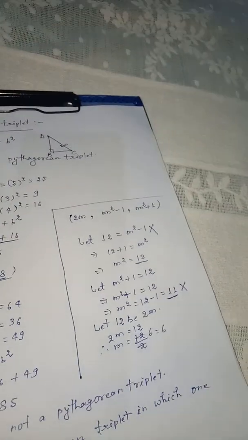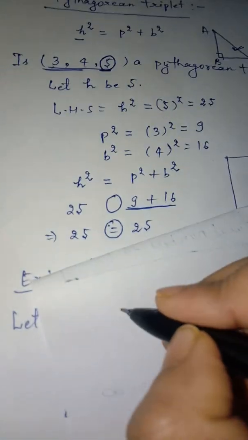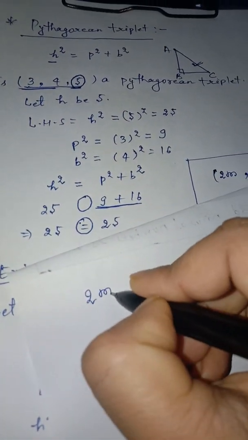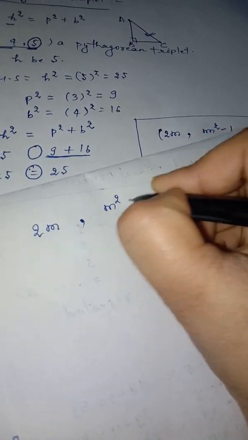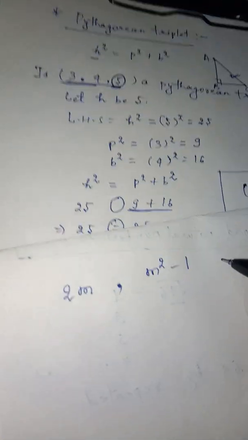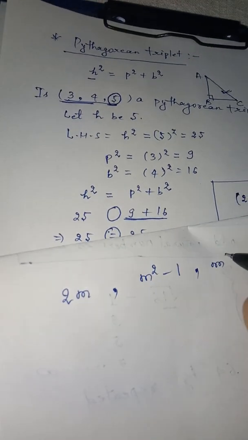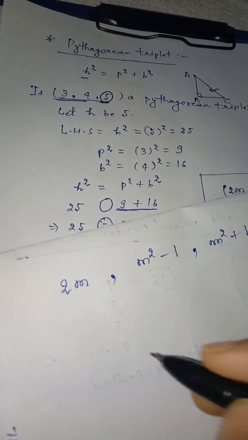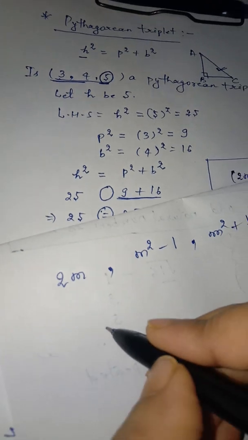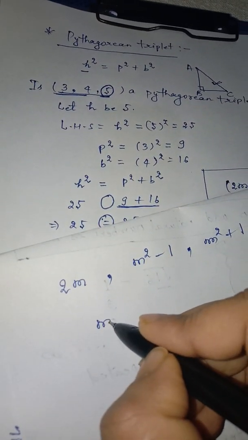That's why we got m equal to 6. Now for making the triplet, we have the formula 2m, m square minus 1, m square plus 1. So we have 2m, and m equals 6.